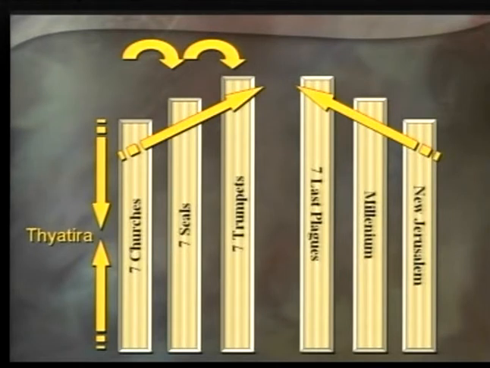You see, this little slide again, you've seen this slide before, shows you just how carefully written the book of Revelation is. It has chiasms pointing to the center. The 7 churches reflect to the center of these 7 churches.